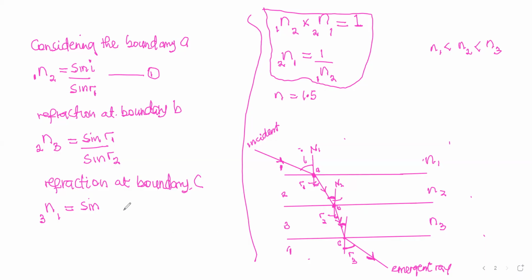Let's not waste time. What is the angle of incidence there? That is R2. Exactly, because of the same reason, alternate angles are equal, over sine R3. Okay, so when you have 3, 4, 5 media, you consider it bit by bit.